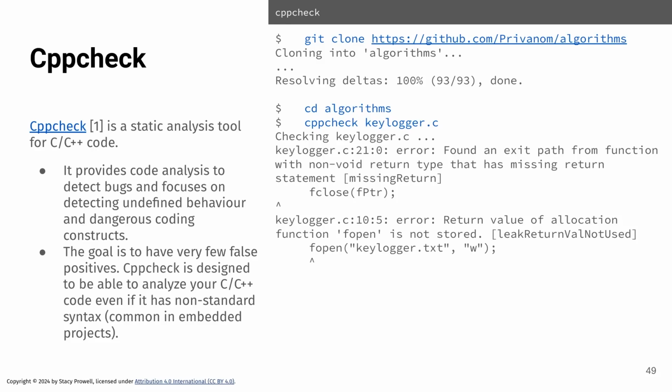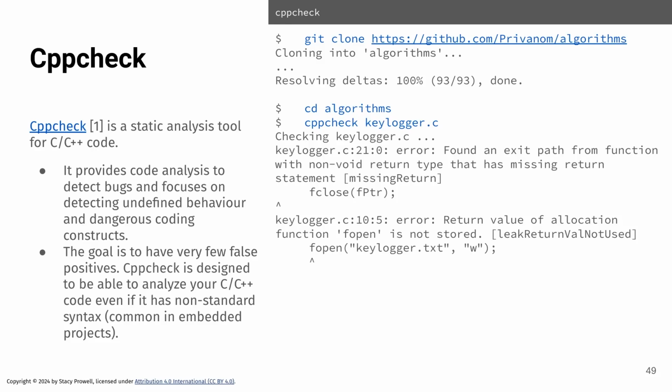So that function ends with fclose, and then there's just no return value. So that's not good, right? The function has a non-void return type, like it returns an int or something like that, but there's a path out of the function that doesn't return a value. What happens there?